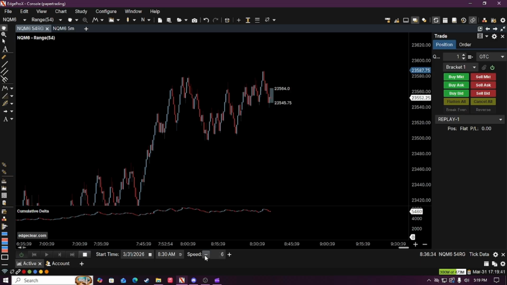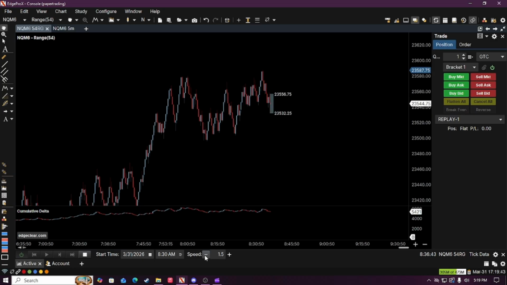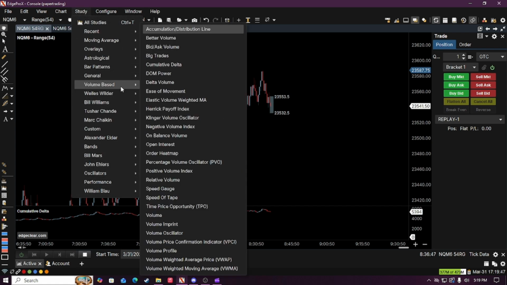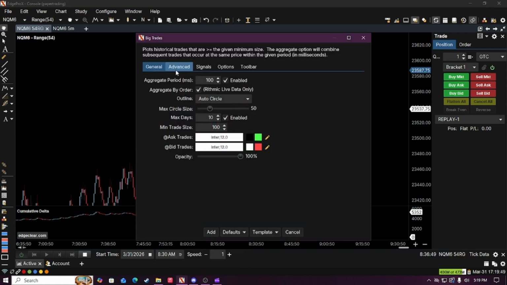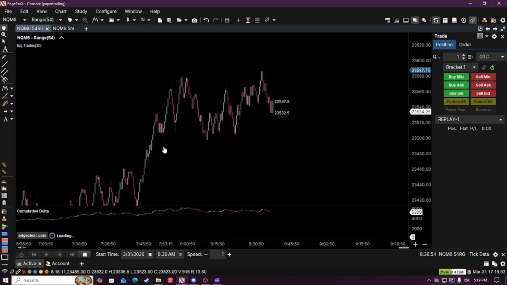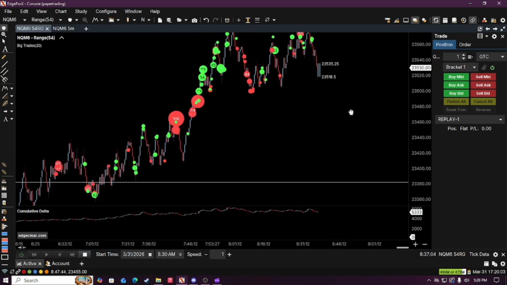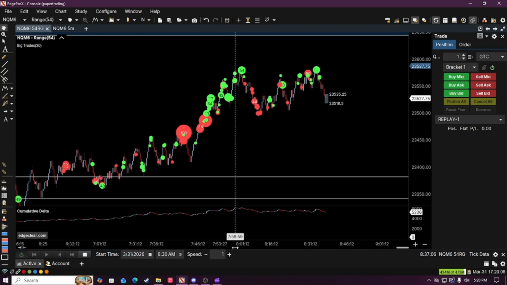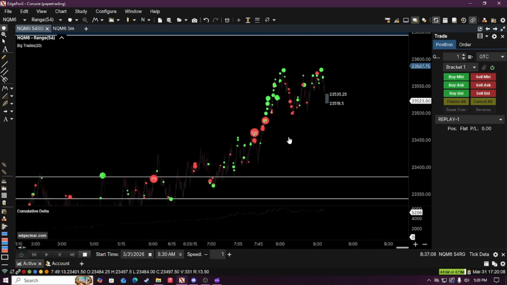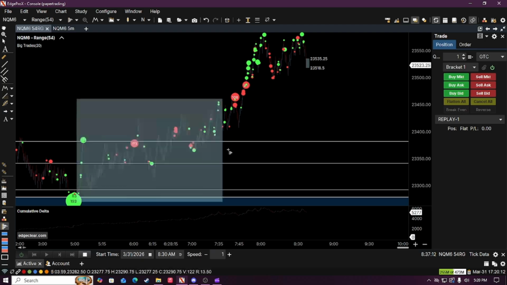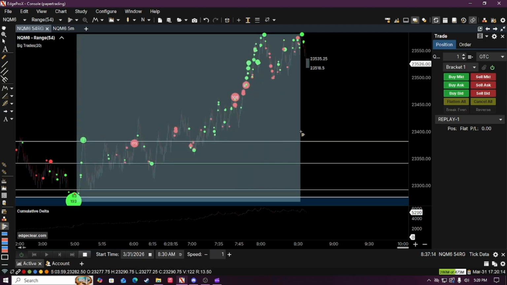And yeah, let me put my big trades. Max trade size, I have it at 20. Yeah, that's kind of better. And here we can look at the dealing range of this microstructure.